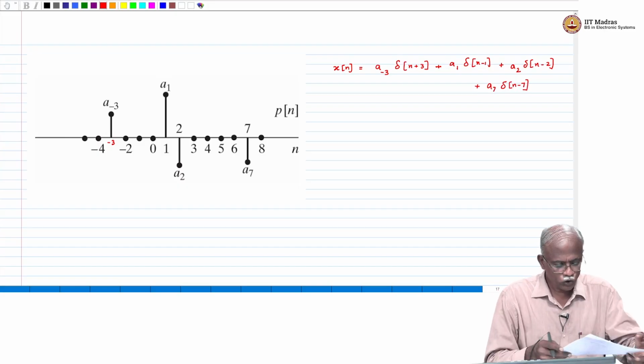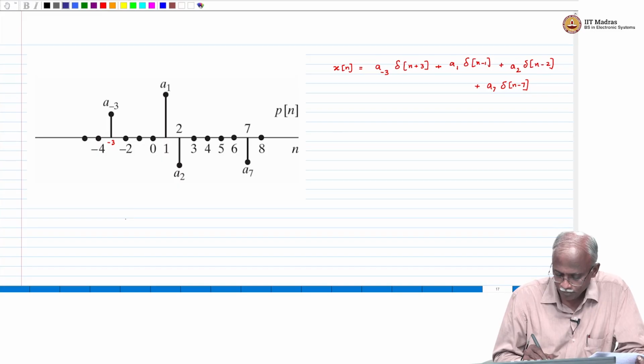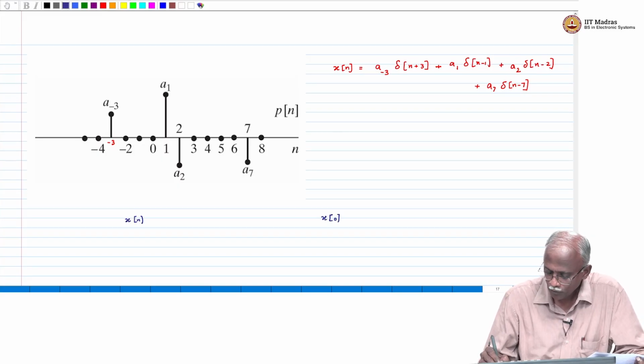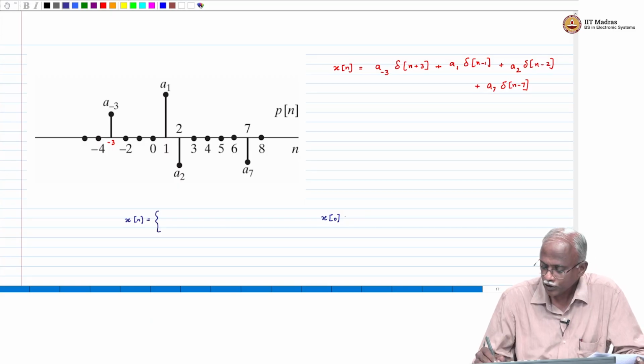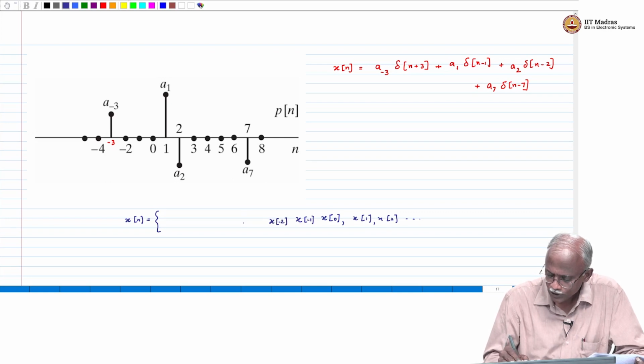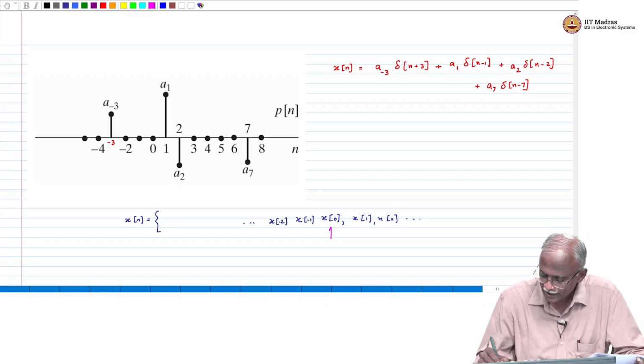Okay. So, any sequence of the form x of n, which is x of 0, x of 1, x of 2 and so on onto the right side, x of minus 1, x of minus 2 and so on on the left side, and this being the origin, you can show it as a sequence.